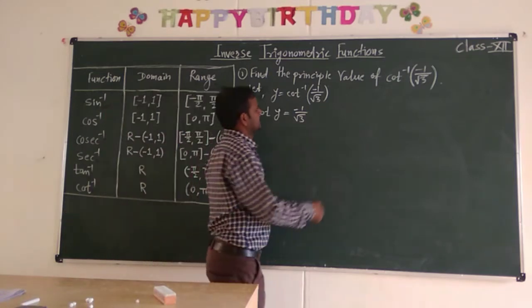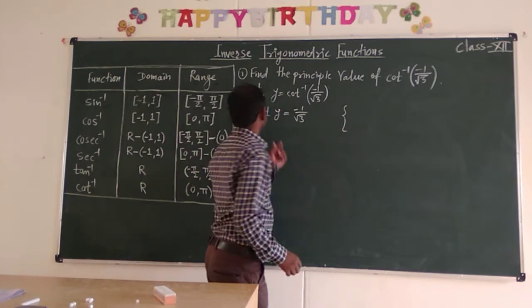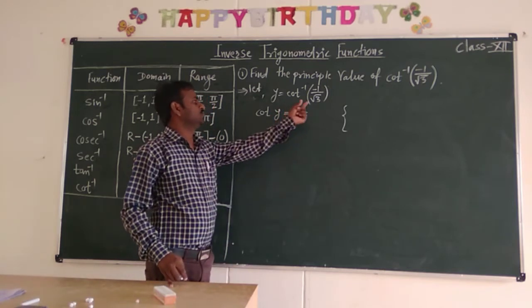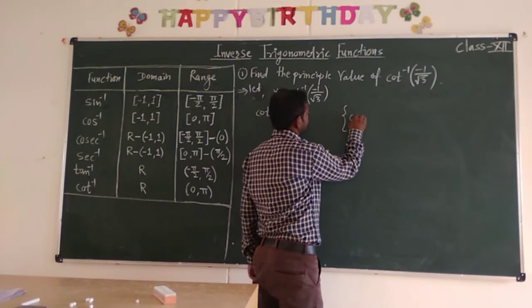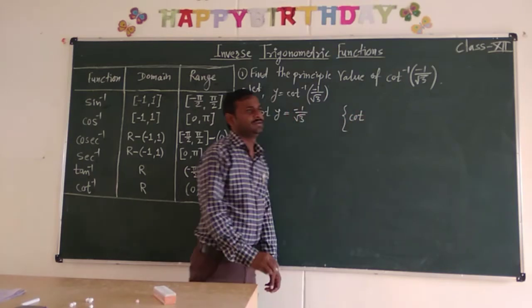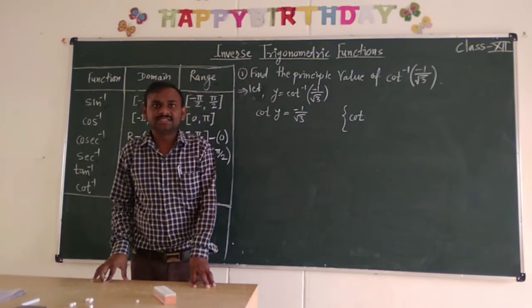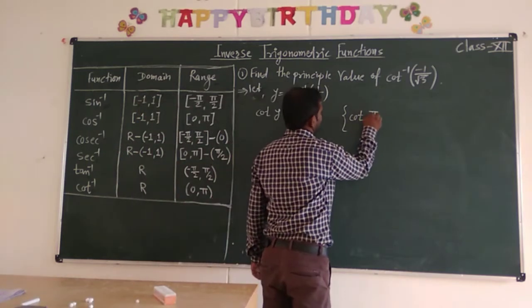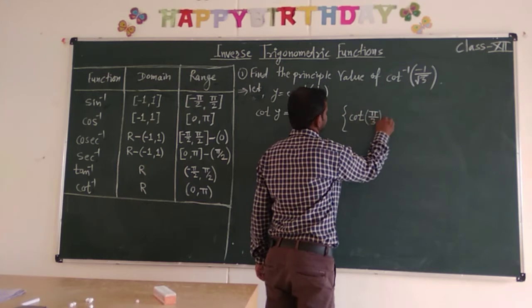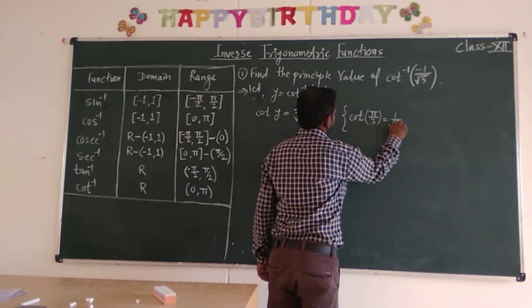Again, cot how many degrees is equal to 1 by root 3? We know that cot 60 degree is equal to 1 upon root 3. Therefore cot pi by 3 is equal to 1 by root 3.